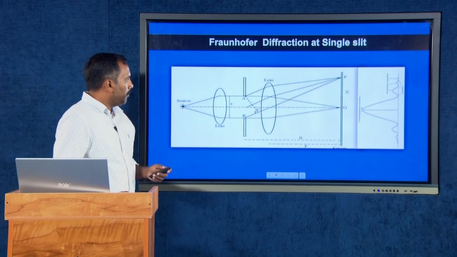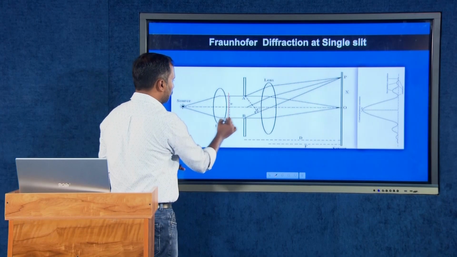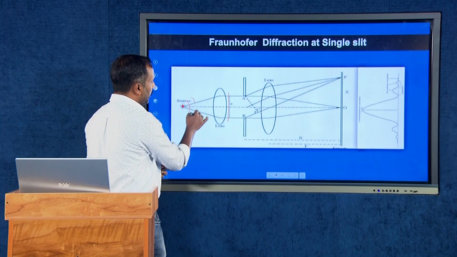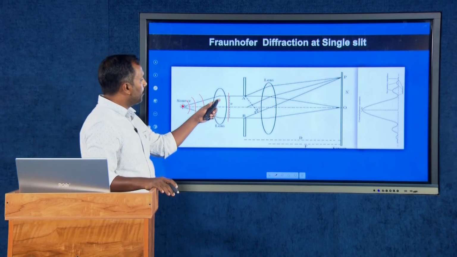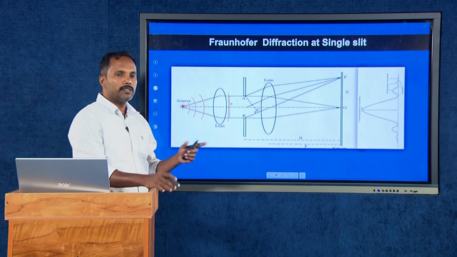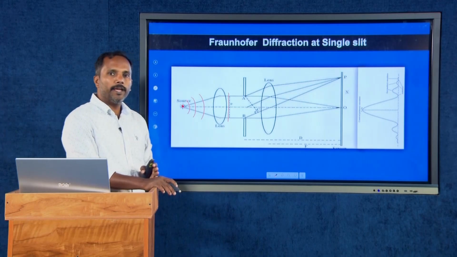Now, let a monochromatic light be incident. How is this monochromatic light incident? We are using a source S, which sends either a cylindrical or spherical wavefront that passes through a lens. When it passes through the lens, it sends a parallel beam of light that is equivalent to the plane wavefront.